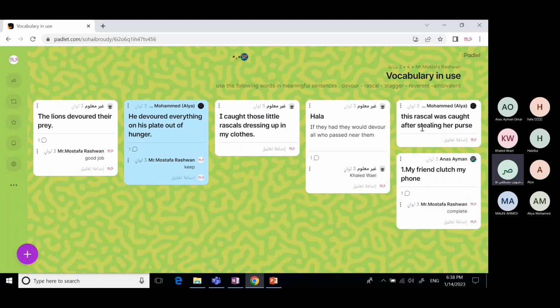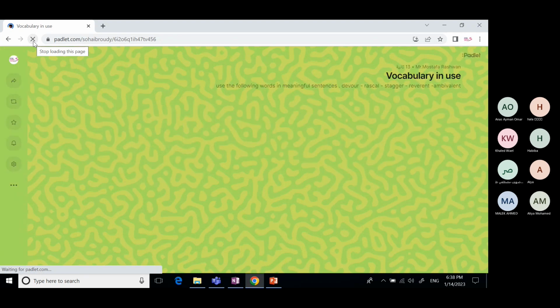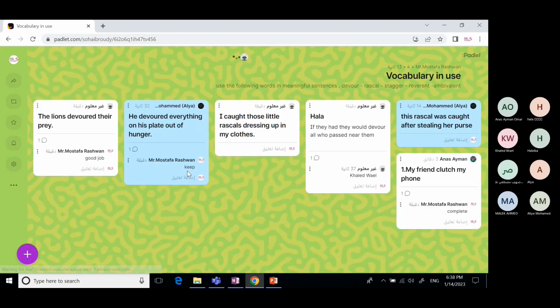Okay, the rascal was caught after stealing the purse. Correct. Good job, Alia. Thank you. Anas, you only sent one. Continue, please.